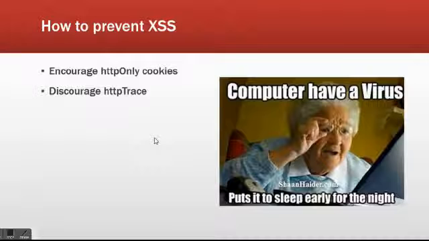They're not downloaded onto your computer. It stops people from maliciously getting in and finding out what those cookies are. The other thing is to discourage HTTP TRACE, which again basically just gives a GPS model of where you have been.